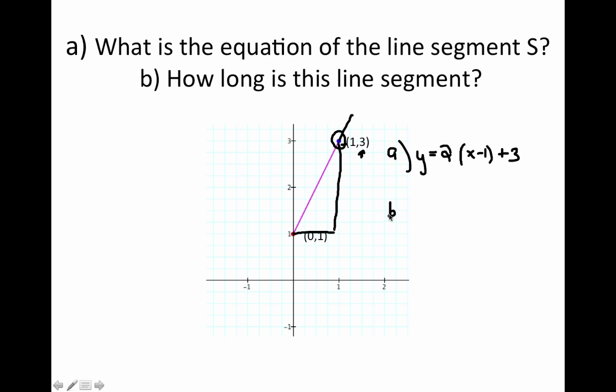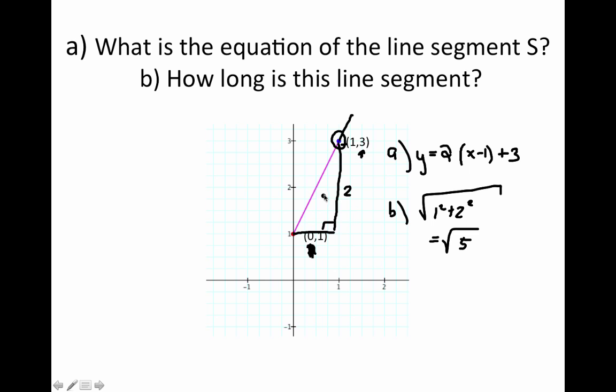On the other hand, what is the length? Well, there is a right triangle made here that has a base of 1 and a height of 2. 1 squared plus 2 squared, or square root of 5.